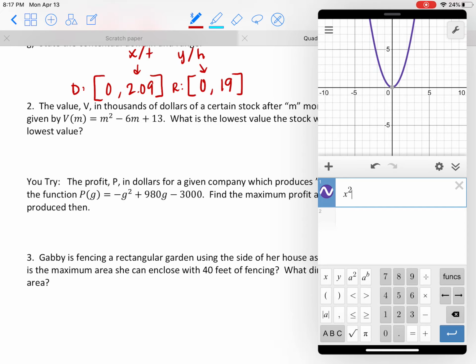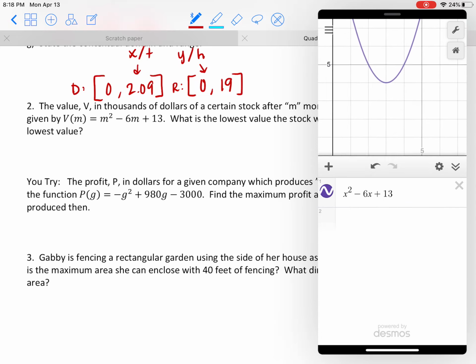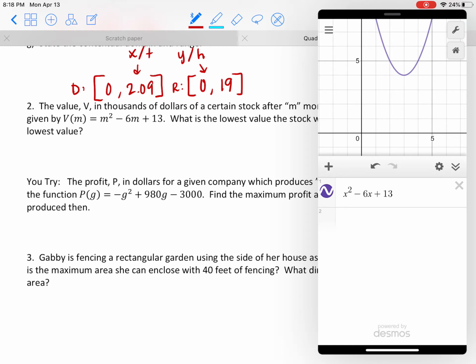So let's graph this quadratic function, x squared minus 6x plus 13. Okay, so here's our function, and this represents value after m months. So the x-axis is the m-axis, and the y-axis is the v-axis. So in place of x, we have m.